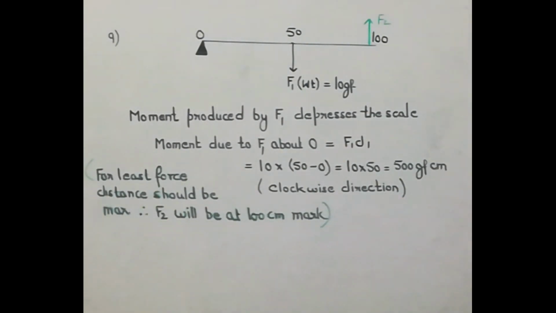So that's why in the diagram we have shown F2 to be marked in upward direction. So now you can see F2 will be producing anti-clockwise moment about O, and then it can counterbalance the moment produced by F1. So let us calculate the moment produced by F2.